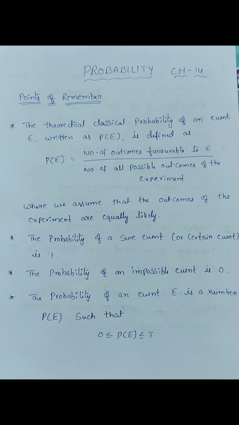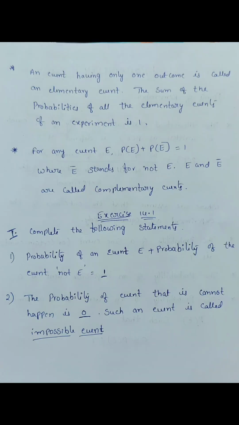Next point, the probability of an event E is a number P(E) such that 0 is less than or equal to P(E) is less than or equal to 1. Next point, an event having only one outcome is called an elementary event.